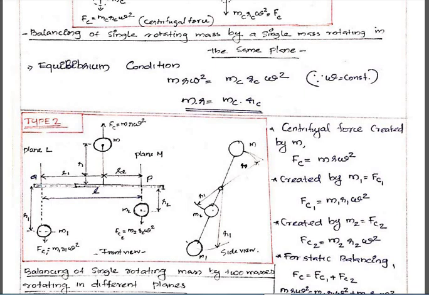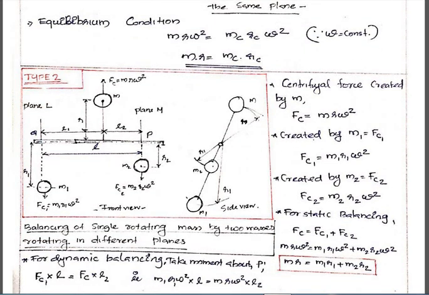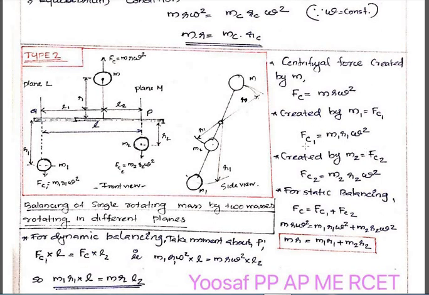The first mass is placed in plane L, and the second mass in plane M. I hope that you got the idea. So you can write the equation of forces for the plane C: m r omega square, or Fc1, is equal to m1 r1 omega square, similarly.